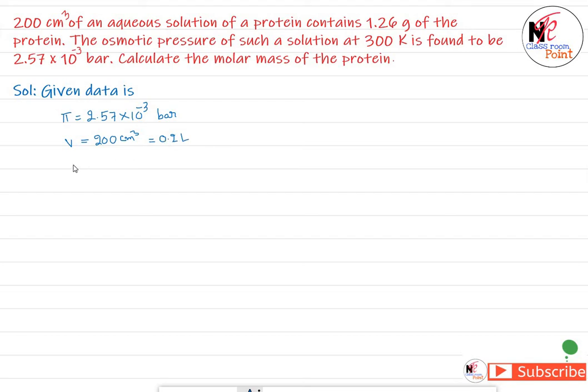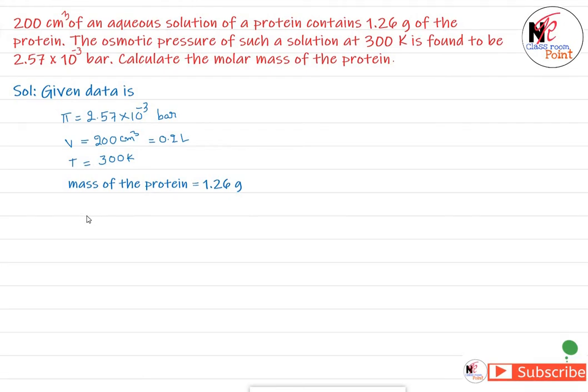The next given data is regarding the temperature. So temperature is 300 kelvins, and nothing else is given, only mass is given. That is, mass of the protein equals 1.26 grams. Gas constant R value is not given, that we shall write over here.